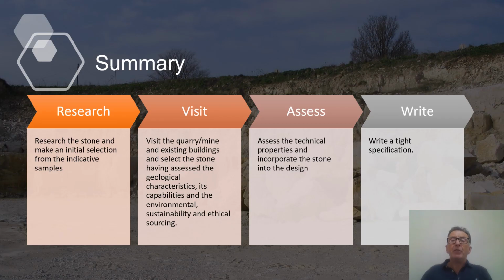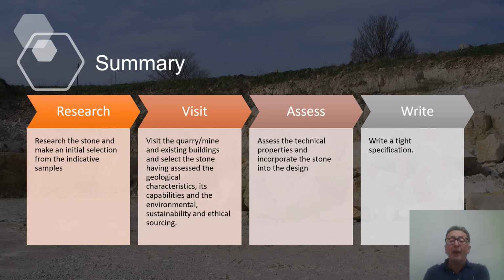And so, to summarise and to try to ensure that you follow an appropriate natural stone selection process, we would always recommend that initially you carry out research into the materials that you intend to use. Research the stone and make that initial selection, probably from indicative samples or from past history of use and a knowledge of that particular material.